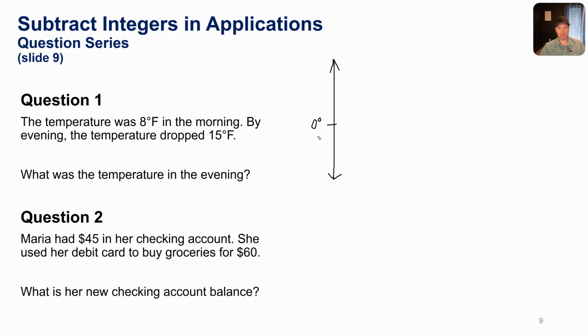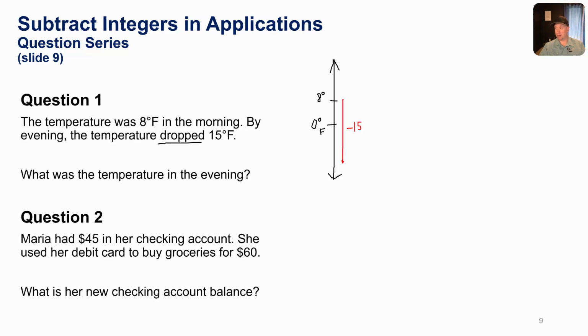So 0 degrees Fahrenheit here. Now, if we start at 8 degrees Fahrenheit, that's about right here. So you're in the positives. But the key word here is the word dropped. This means to decrease. So you decrease from 8 and you go downwards by 15 units here.